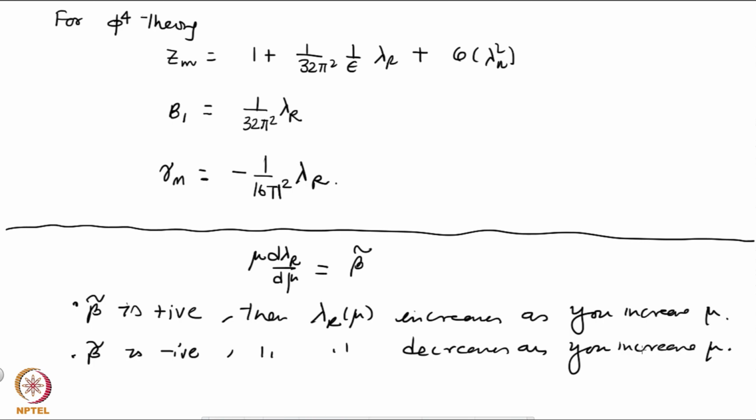Also, one remark: suppose you calculate the beta function and it turns out to be positive, like here in this case, so beta 1 is positive. So as you increase the scale mu, this lambda starts growing. But then you cannot use that expression after a while, because once lambda r has become sufficiently large, or of the order 1, you cannot use perturbation theory anymore.